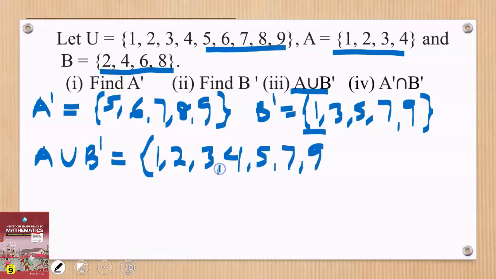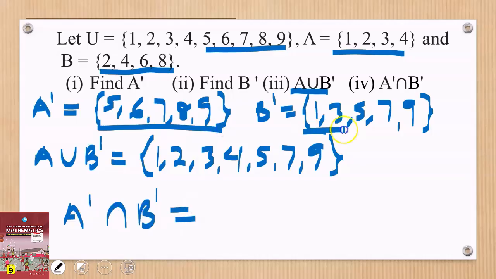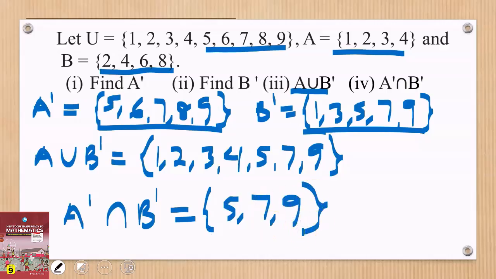So that becomes A union B complement. Then finally, we want to find A complement intersection B complement. So A complement is here, B complement is here. The intersection of these two sets, we can see 5 appearing in both sides. We can see 7 appearing in both sides, and we can see 9 also appearing in both sides. So that represents A complement intersection B complement, right?